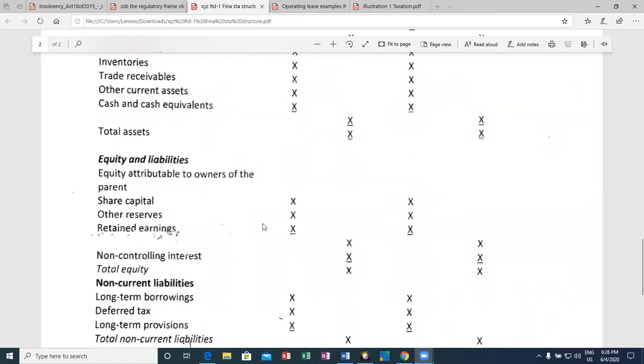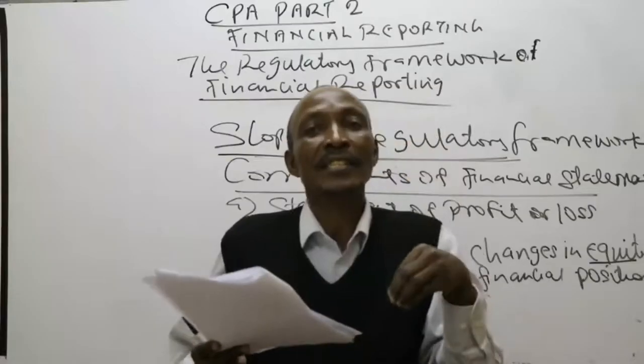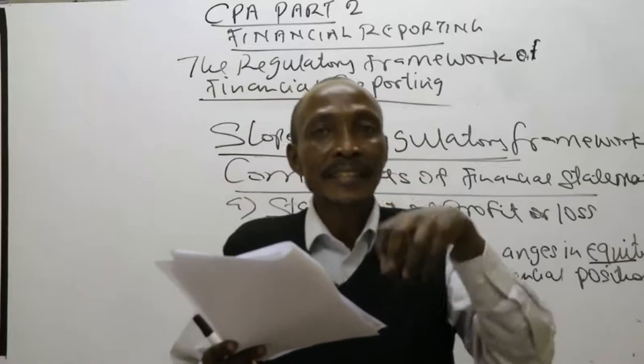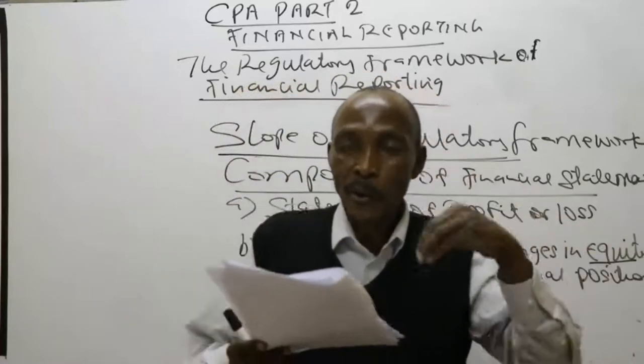So having gotten the sum total of the assets, you have to present what's on the other side of the coin, what's on the other side of the equation, and that is the equity and liabilities. Equity represents what? The interest of the owners of the company, like shareholders in that company, the economic interest, what they own in that company, not just the powers they can exercise, what they own economically in that company.